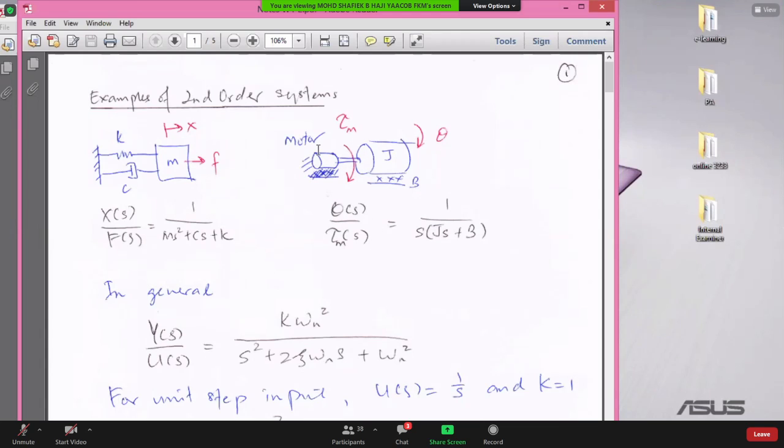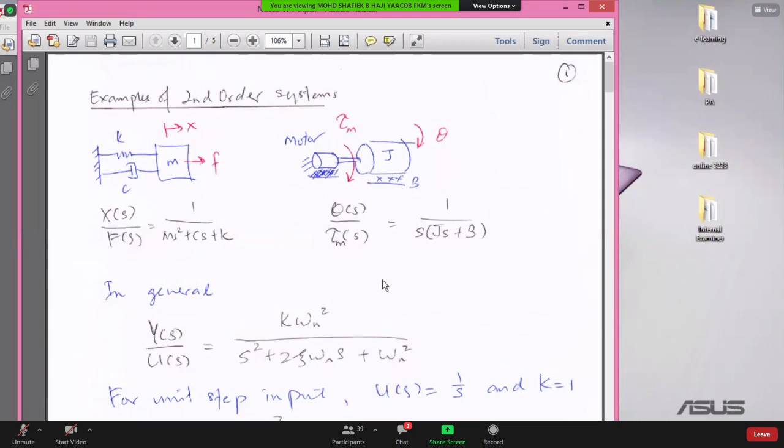But if you have a motor here, a DC motor, as we learned yesterday, relating to electrical voltage is already first order. So you have first order for the motor, second order for the inertia, and the whole thing becomes third order. But anyway, the relationship between torque and theta here is second order.